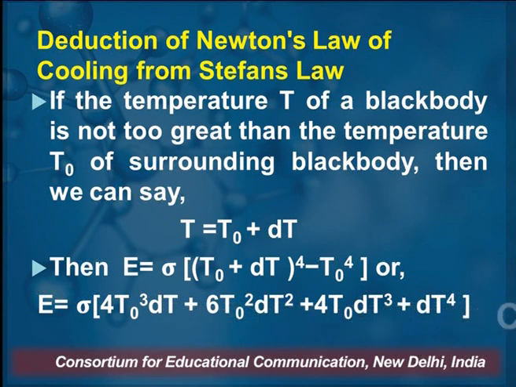Because dt is very small, its higher order terms may be neglected. Thus, we are left with E is equal to sigma into 4 T0^3 dt, which is equal to 4 sigma T0^3 (T - T0). So, effectively what we have gained is that E is proportional to the difference between T and T0.